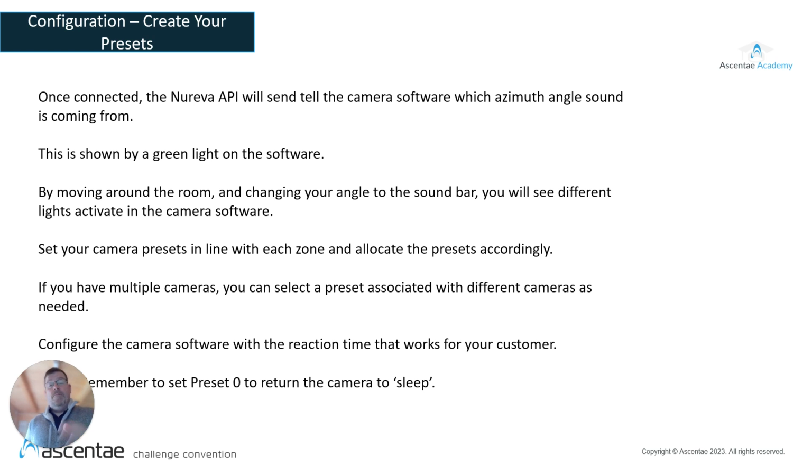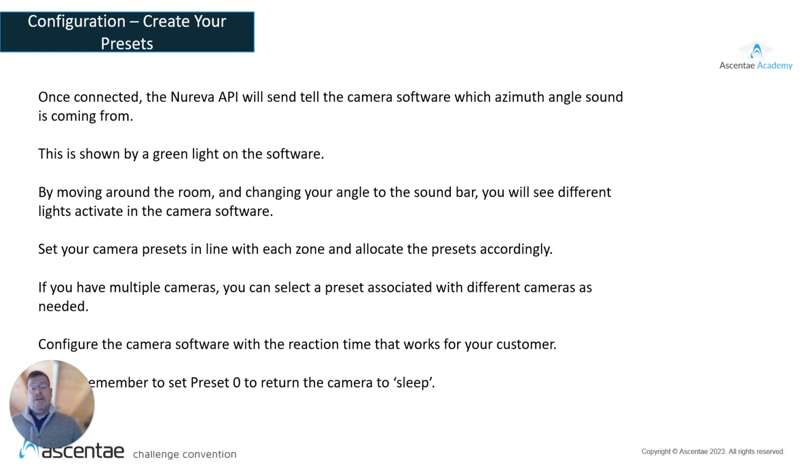Now remember, because the HDL is mounted on a wall, you've only got 180 degrees, and so you have 8 sections of 17.5 degrees to play with. As you move around the room, you'll see where these angles are by the corresponding green lights on the camera software.